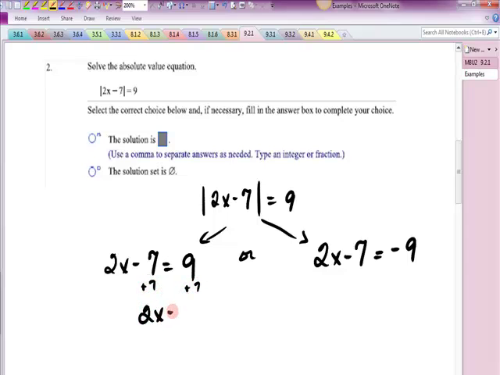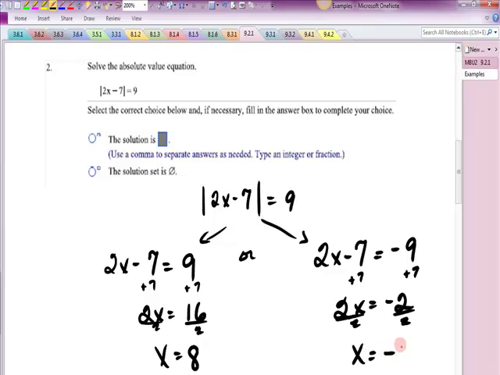So 2x is 16. Divide by 2. X is 8, or add 7, 2x is negative 2. Divide by 2. X is negative 1. So my values are 8 and negative 1.